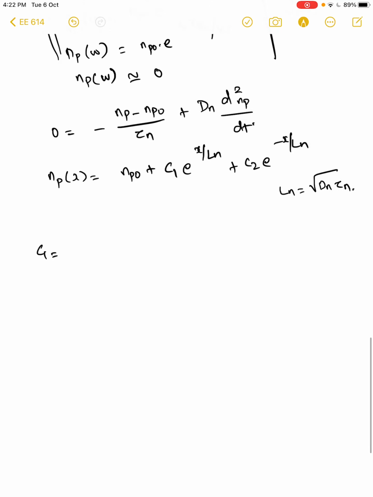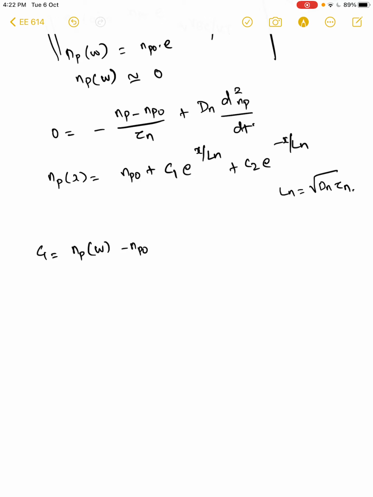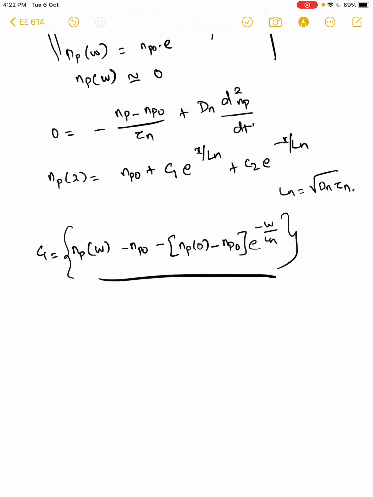So c1 will turn out to be [np(W) minus np0 minus (np0 minus np0) e^(-W/Ln)] divided by 2 sinh(W/Ln).